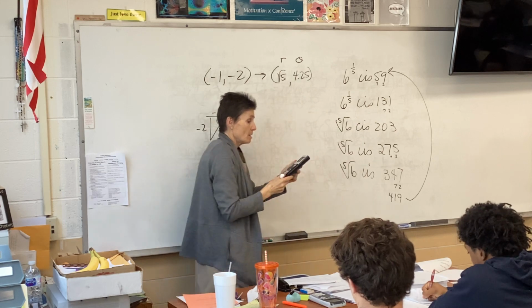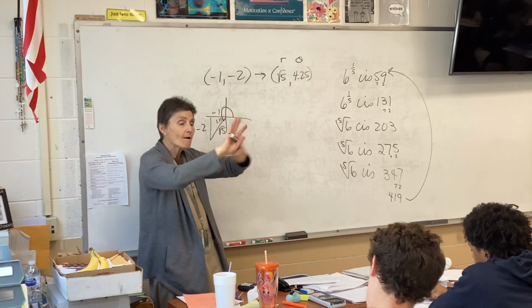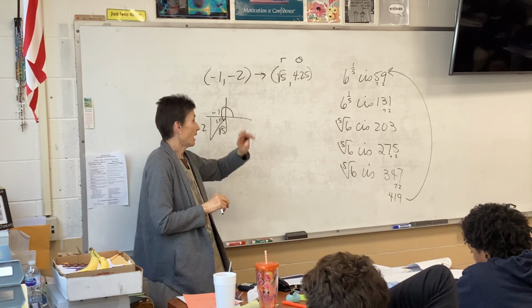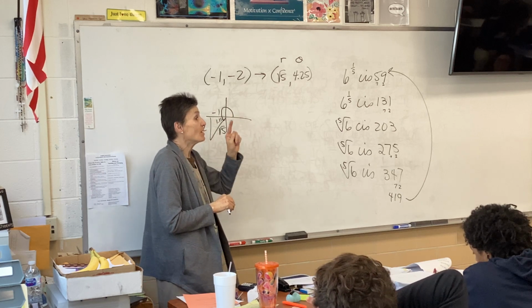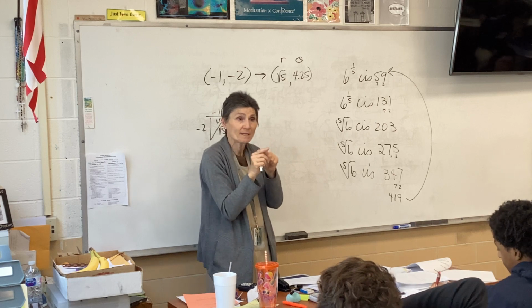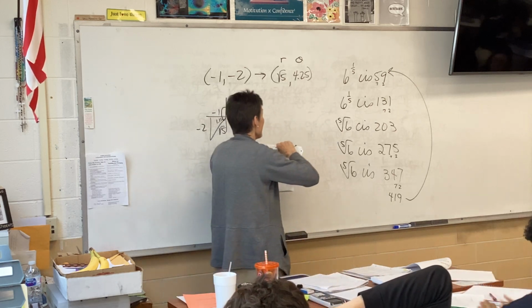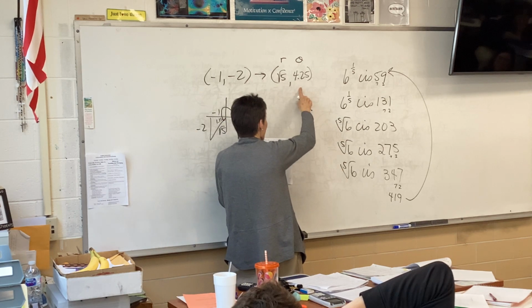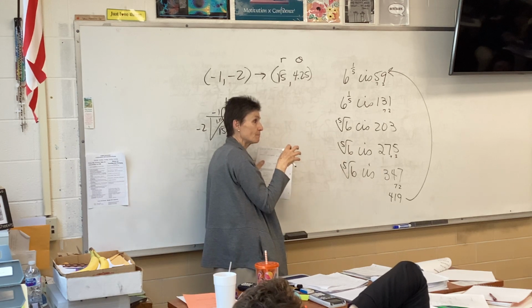Now, that is exactly how I'm gonna do every problem that says write in polar coordinates. I'm gonna draw my picture, I'm gonna find my r, I'm gonna find my theta. Then I'm gonna go back and make sure I've done it the way they want me to do it. For example, this one says r has to be positive and theta has to be between 0 and 6.28.